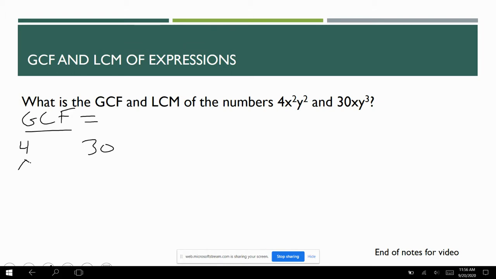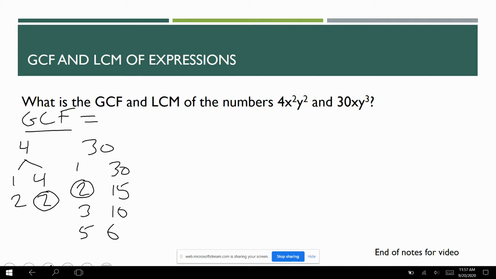So 4 is going to be 1 and 4 and 2 and 2. 30 is going to be 1 and 30, 2 and 15, 3 and 10, and 5 and 6. What is the greatest common factor that they share? That is going to be 2. So the numerical part of your GCF is going to be 2.